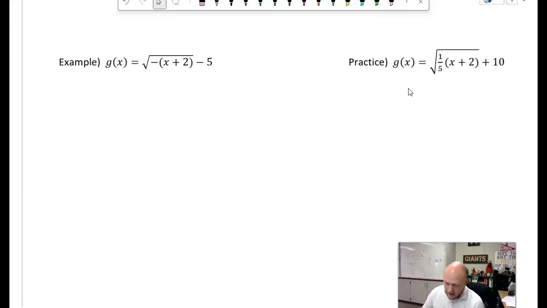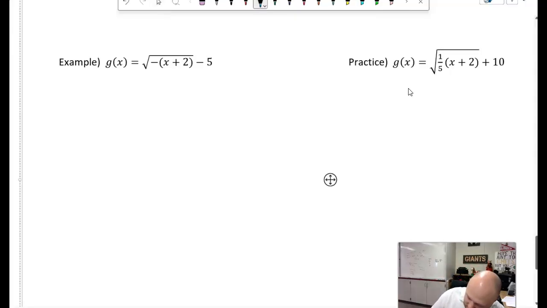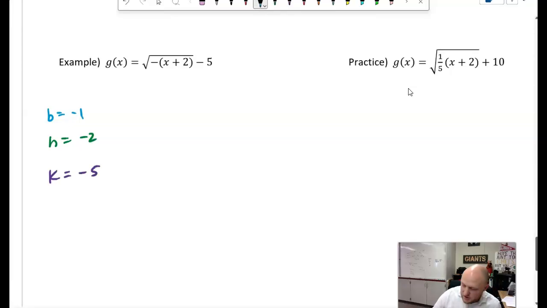All right, G of X. In this example, we have a B value that is -1, an H value that is -2, and a K value that is -5. So what are the effects? And if you're wondering, A is a 1. But what are the effects?